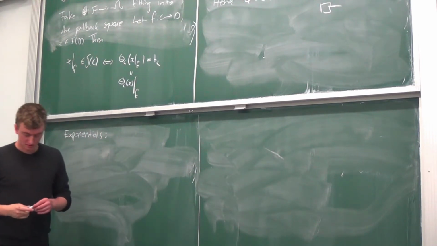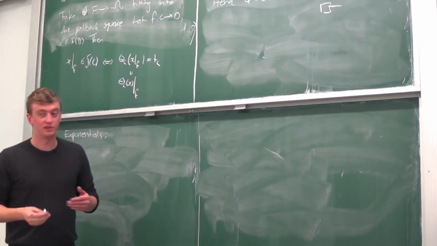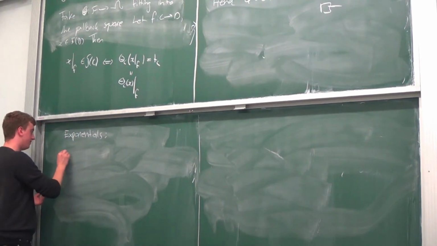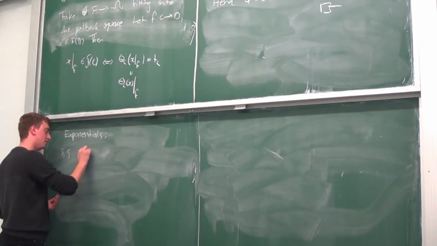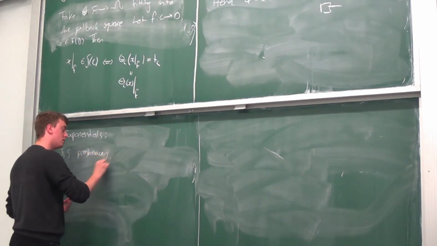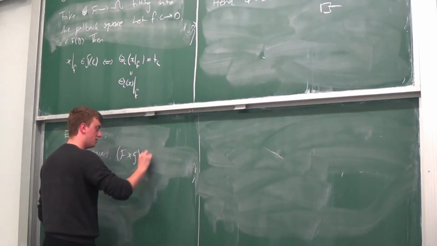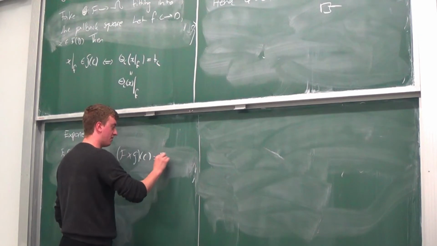So, as I said before with the limits and the co-limits, in the special case of products, we have F and G presheaves. The product of those two is just the object-wise product.